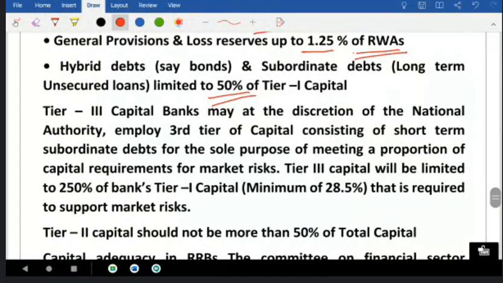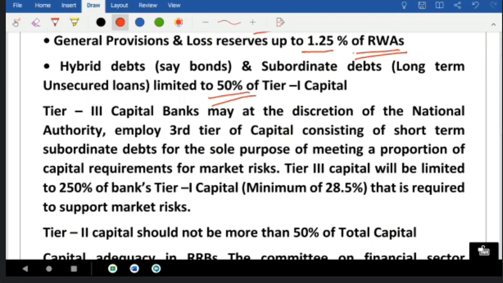And tier 3 capital. In India, we are not following any tier 3 capital, and tier 3 capital is not part of the Basel norms. Earlier it was there in Basel 2, but in Basel 3 it is not followed, that means totally removed. But still, we have to see some provisions.